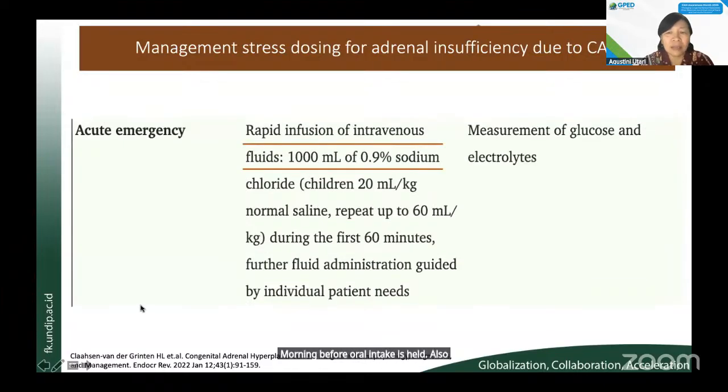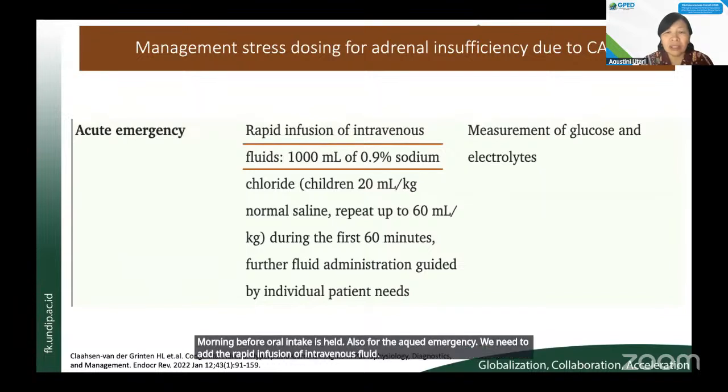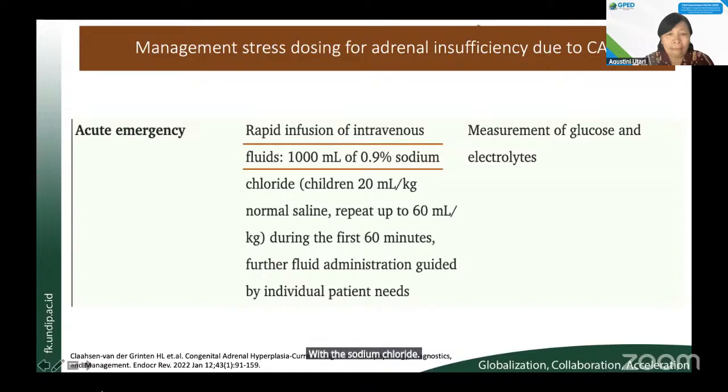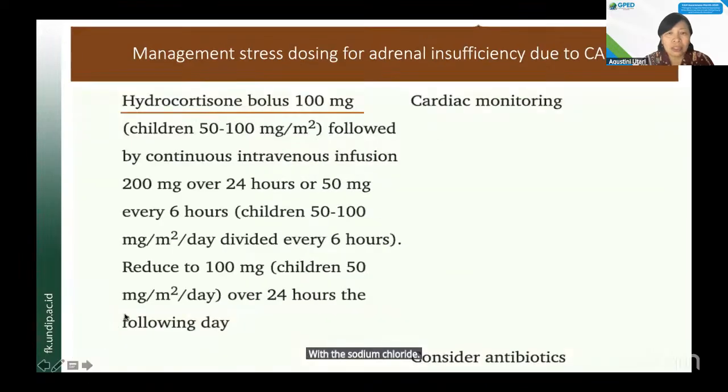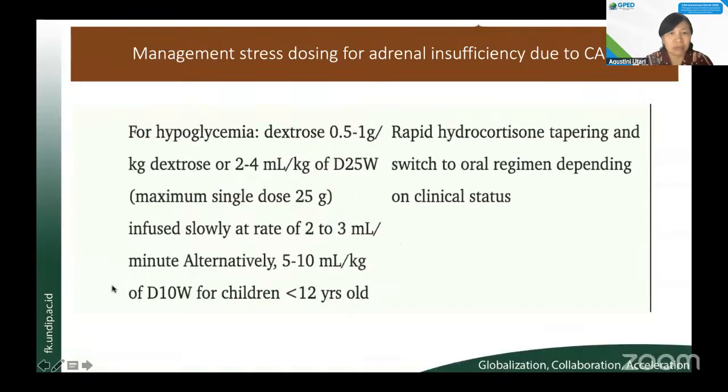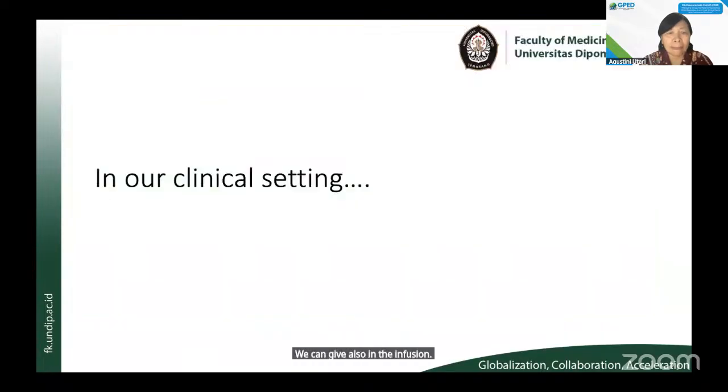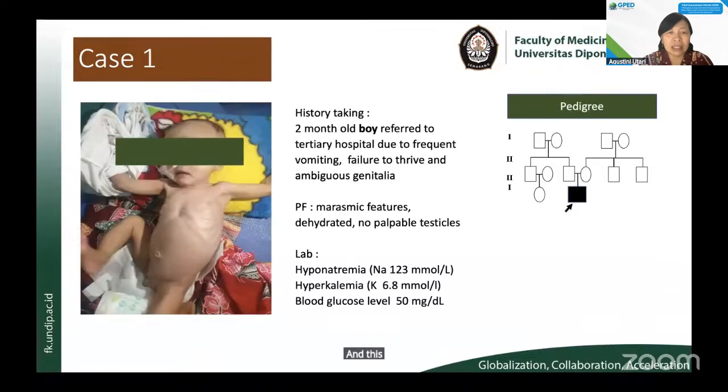Also for acute emergency, we need to add rapid infusion of intravenous fluid with sodium chloride, and also the hydrocortisone bolus followed by continuous intravenous infusion. For hypoglycemia, we also need to give dextrose, and we can give it in the infusion. And this is in our clinical setting.